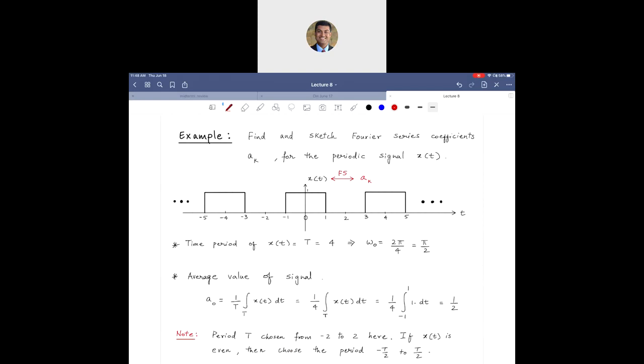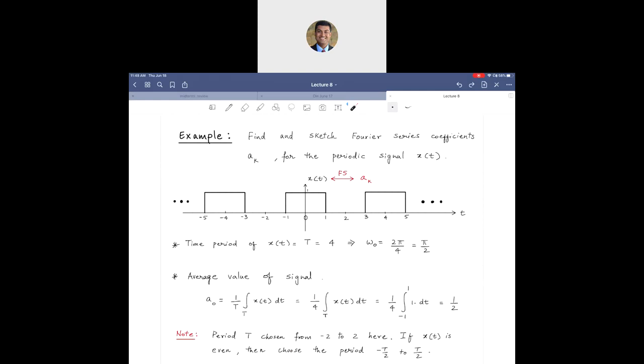Here we have a square wave signal. We are asked to find and sketch the Fourier series coefficients a sub k for the periodic signal x of t. So I'm going to denote x of t, and this is a rectangular square wave that is going on both negative and positive sides.